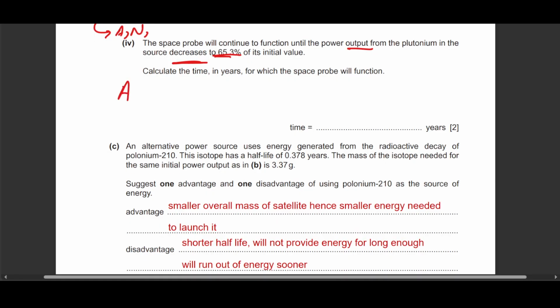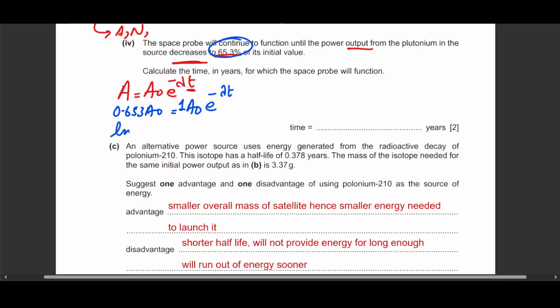So A is equal to A naught e raised to the power minus lambda t. This t is what we want to find out because lambda is the decay constant. It reduces to 65.3%, so it should be 0.653 of the initial value A naught, if the initial value was 100%, which was 1, multiplied by e to the negative lambda t.